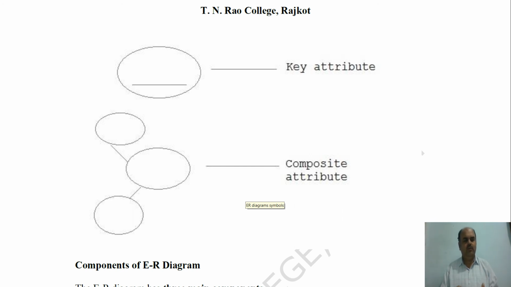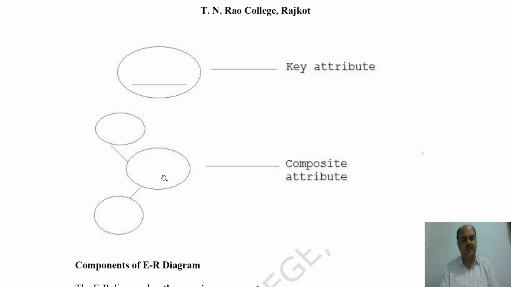When you write a letter to anybody, you write the name of the person, society name, street number, house name, city name and pin code. So address is a mixture of many other attributes. That attribute is called a composite attribute.